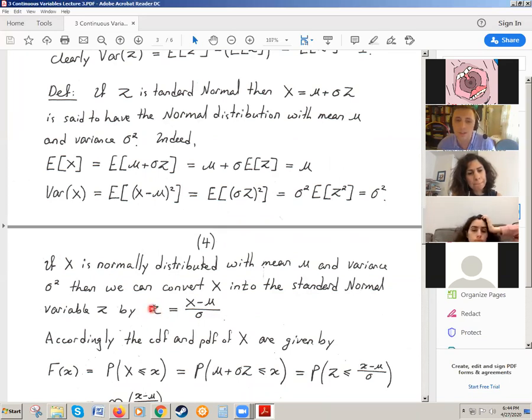The machine understands only the normal distribution when it's in standard form. You translate your data into a standard form, which you accomplish as follows, right? If x is mu plus sigma z, then z is x minus mu over sigma.